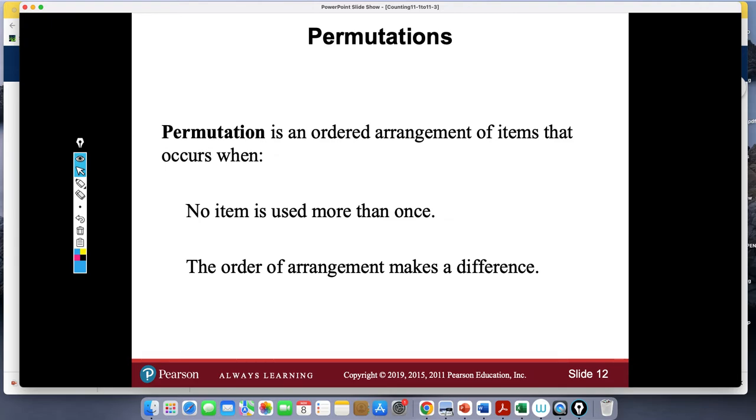Okay, so each person has an assignment, so there's an ordering, right? And each person can only have one item. So that's what a permutation is. We'll do a lot of this, like books on a bookshelf, right? If I've got 7 books, each can only be used once. Once I've used it, I can't use it again. Okay, so that's the idea of a permutation.